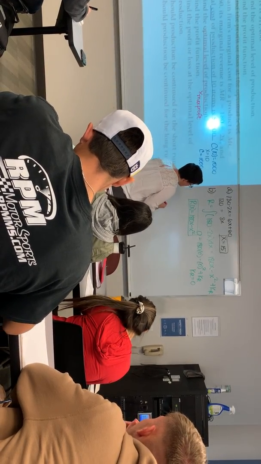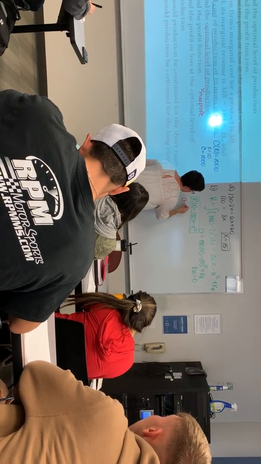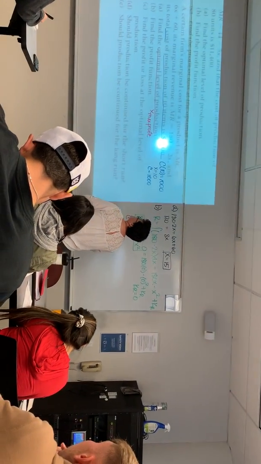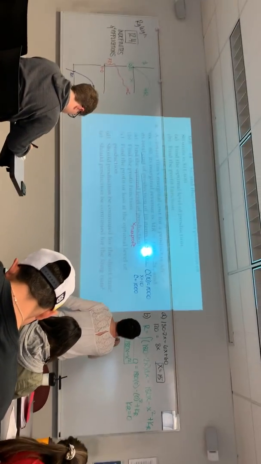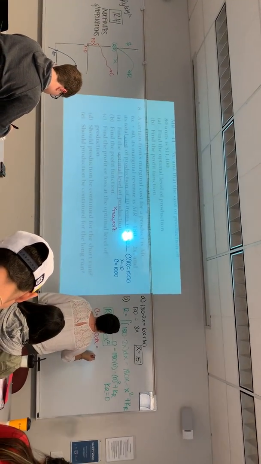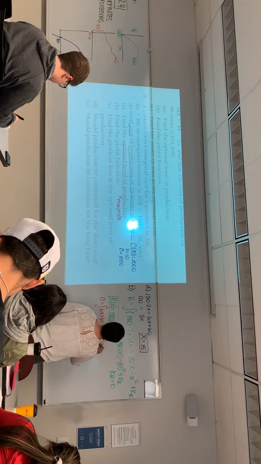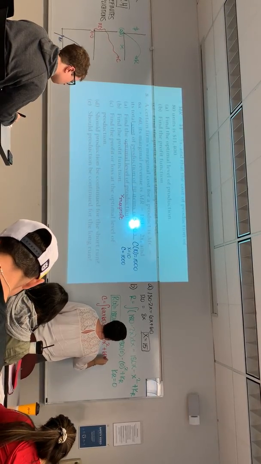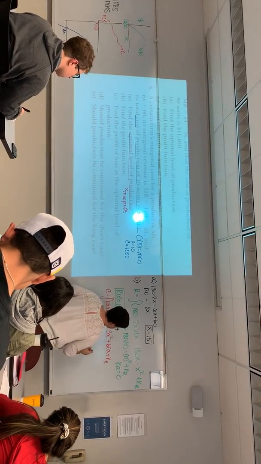And now I'm going to do cost in red. So cost is the integral of marginal cost, which was 6x plus 60 with respect to x, which is going to give me 3x squared plus 60x plus k sub c.